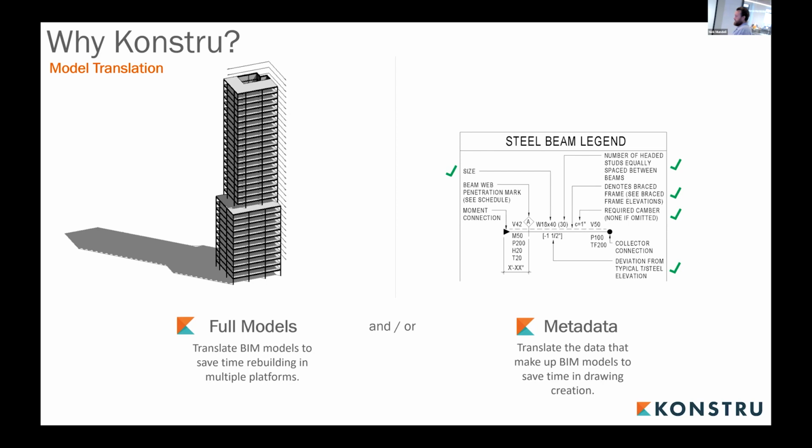So in a structural sense, from a typical steel beam legend, Konstru is able to translate the attributes in green ticks here. So size, the forces attached to an object, the camber, the number of studs, etc. We do not translate currently the moment connection symbol or the collector connection symbol, but everything else in terms of data on that legend, Konstru is able to move around.